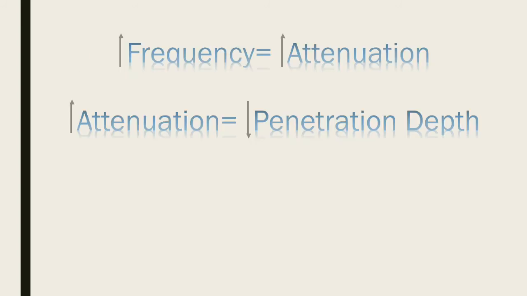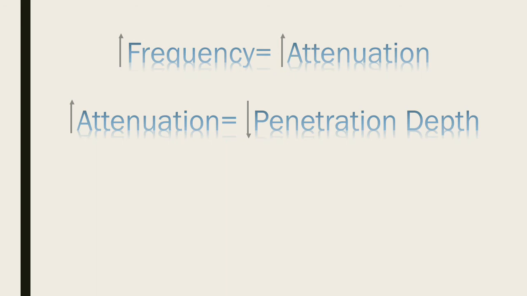So, as frequency increases, attenuation also increases. The more attenuation we have, the less penetration depth we can get. So if you're talking to a sonographer and you're asking them about what kind of transducer they're going to select for their exam, it often depends on where they're looking.